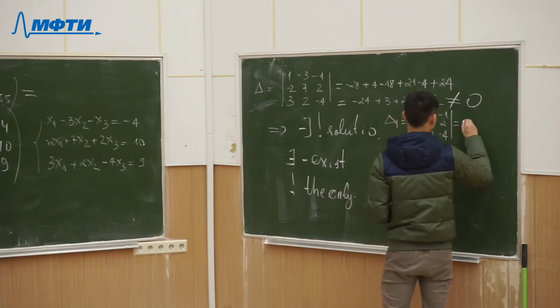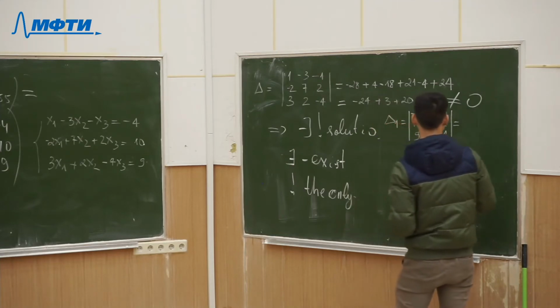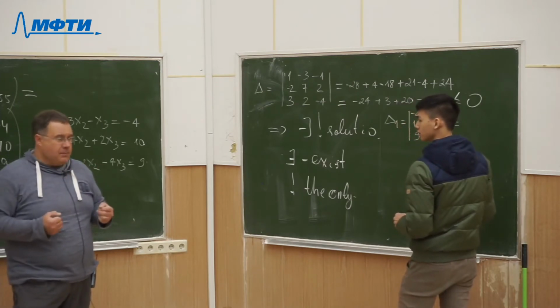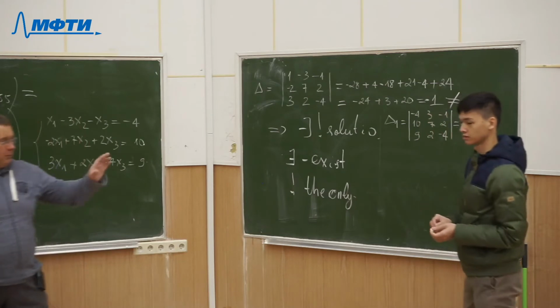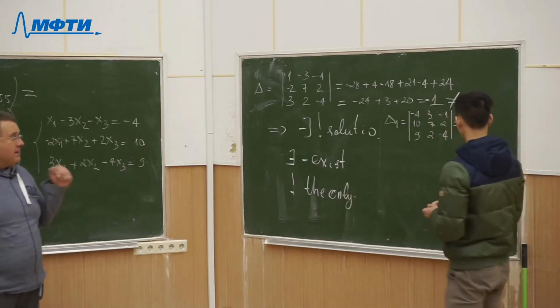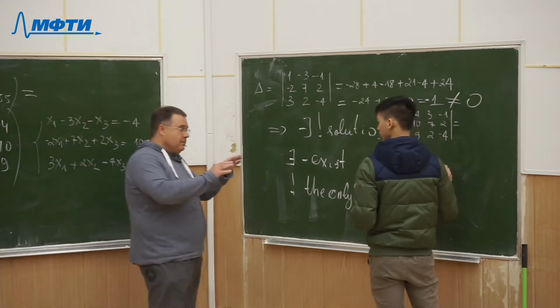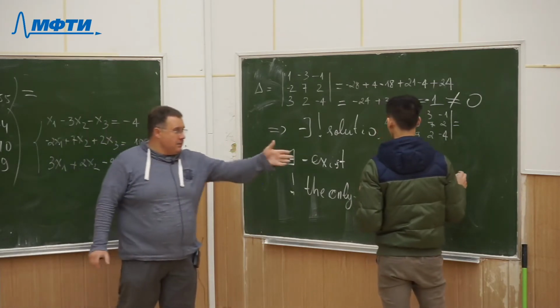Please write all calculations on the blackboard. And please write all calculations on your paper. Not in the mind. Please write all. You have not to calculate in mind. To write.